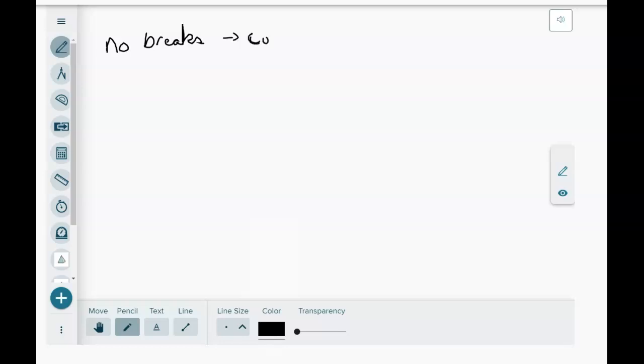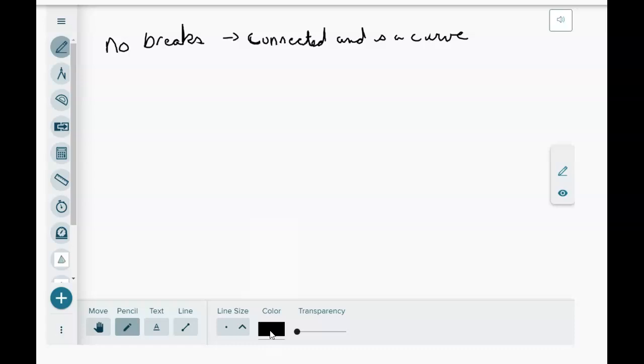Sorry, horrible handwriting on this. So connected, and is a curve. So we're looking at basically curves. That's what we're wanting to pay attention to.